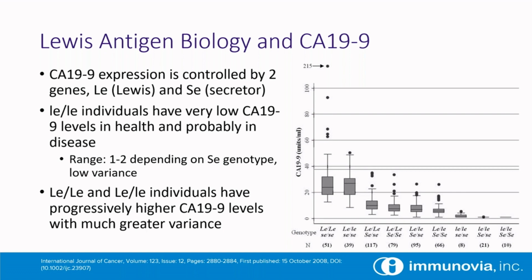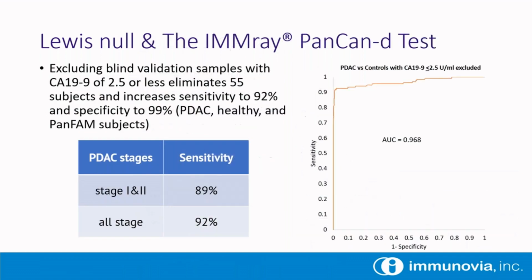Based on this, it made sense to exclude individuals with very low CA19-9 values from analysis in our study and in the clinical practice of the assay, with a hypothesis that these individuals are likely genetically deficient in the ability to form CA19-9.